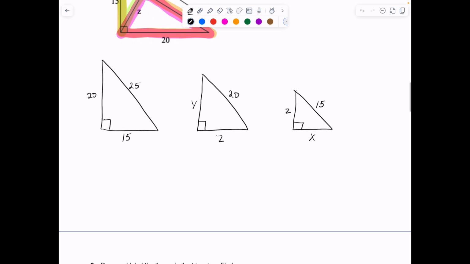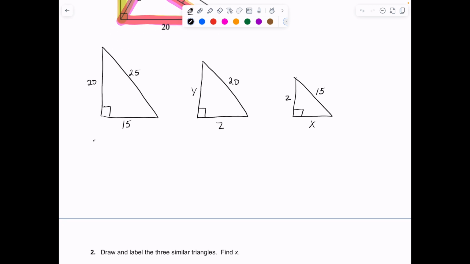So the first thing I see is I can set up 20 over Y is equal to 25 over 20. You should see that there's just one unknown there. And if you reduce 25 over 20 by dividing by 5, you get 5/4.